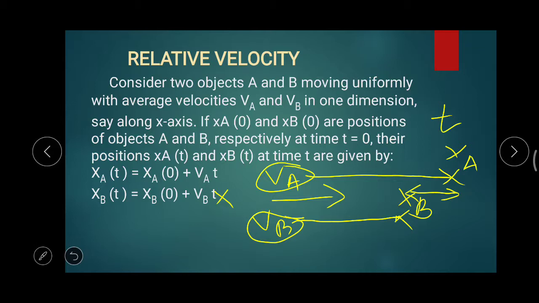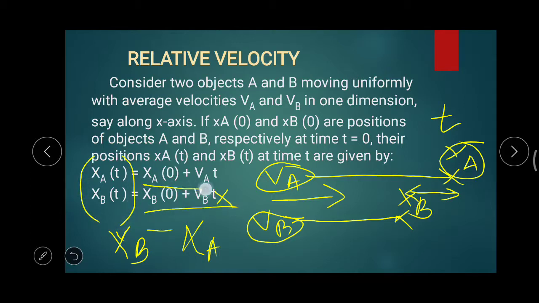As XA is the larger value, you can take XA minus XB. You can find XA at t and XB at t with the help of these two equations: XA at 0 plus VA into t, velocity into time, is the displacement, because velocity is equal to displacement by time, so velocity into time is equal to displacement.